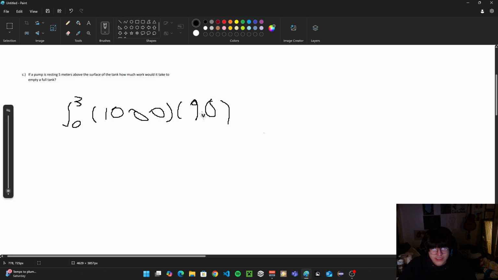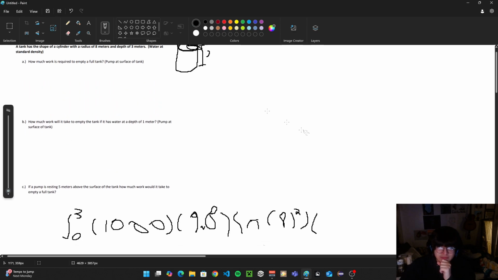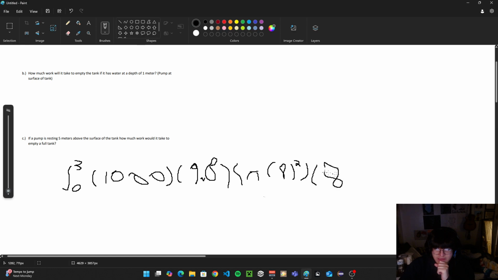These numbers, 1,000 and 9.8, are always going to stay the same unless they tell you it's different. Times pi times 8 squared. And this is where it's different. Since the pump is resting 5 meters above the surface of the tank, you would do 5 plus 3, so this would be 8 minus y.